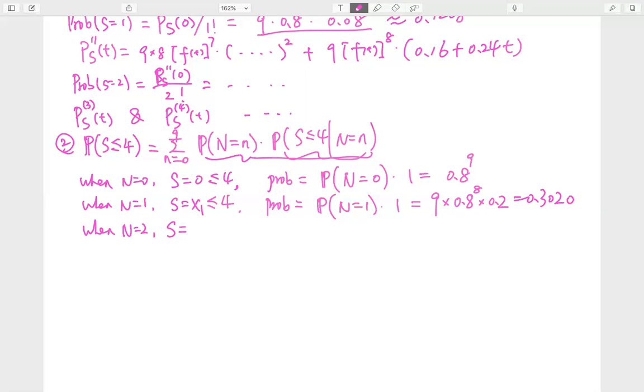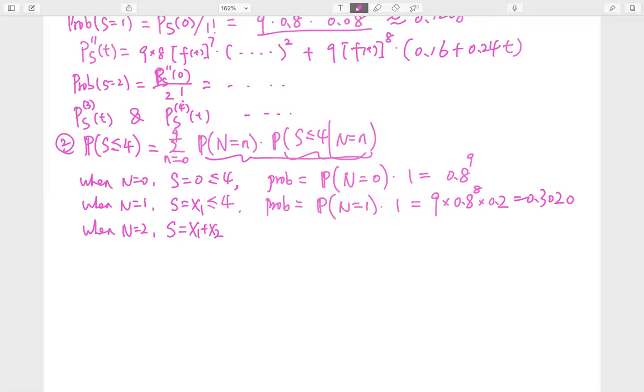In this case, our aggregate will be x1 plus x2, and we still want this to be less than 4. Then we need to analyze. Okay, when will we get this to be less than or equal to 4? For instance, if x1 is 3 and x2 is 3, then we get 6, right? It's not what we want.